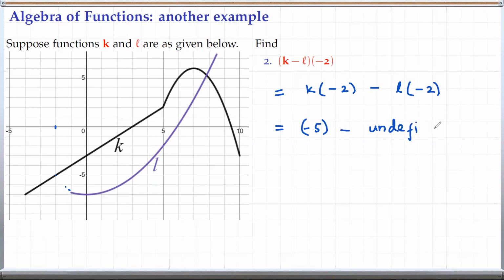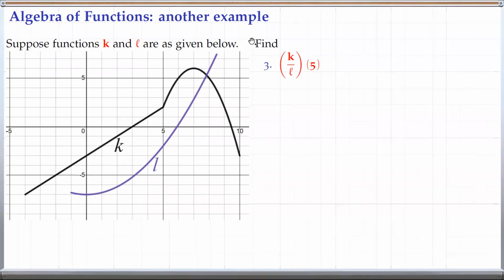The graph of L is not given when x is negative 2. That means the whole thing is undefined. Basically, negative 2 is not in the domain of k minus L, because negative 2 is not in the domain of L.